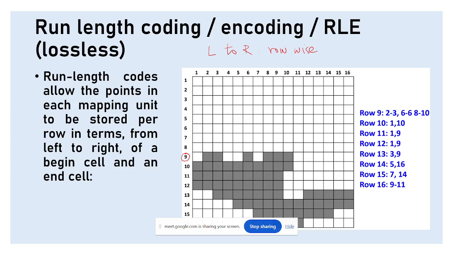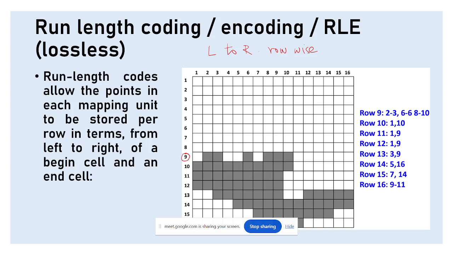So here we just see where the dark area is present in row 9. The representation should have been a comma, I might have mistakenly put a hyphen. Here you have to remember that from 2 to 3 you have a dark area, so that is represented like this.